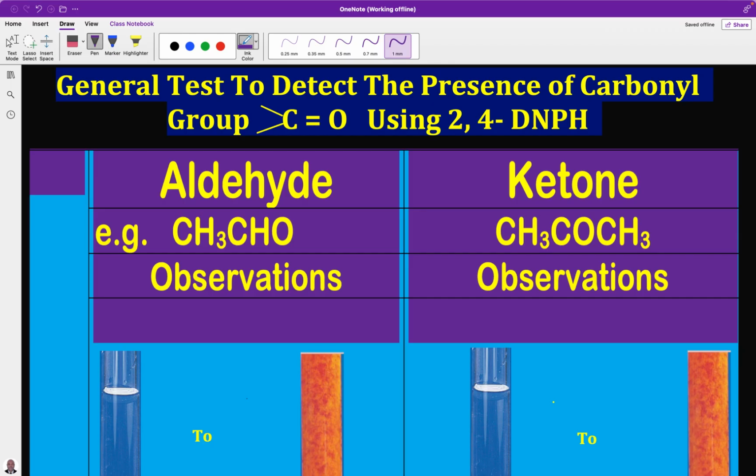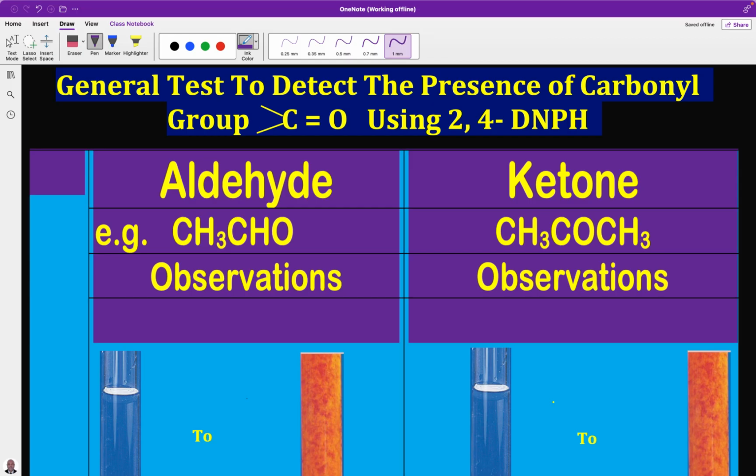I'm talking of aldehydes and ketones. Precisely, we will be using 2,4-dinitrophenylhydrazine to detect the presence of a carbonyl group in aldehyde and a ketone.